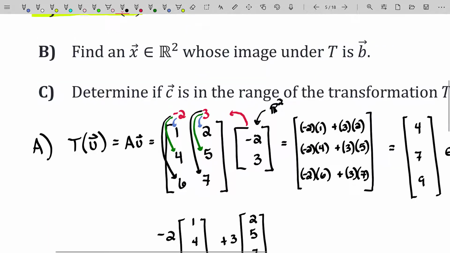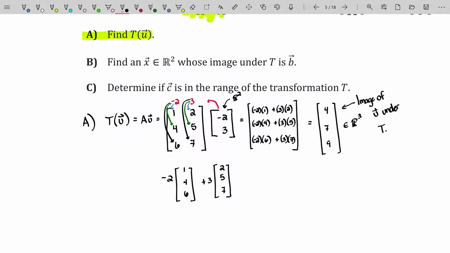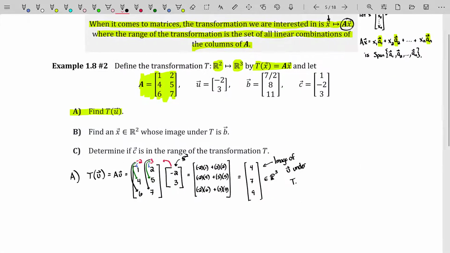We ended with a vector in R cubed. This would be the image of u under the transformation T, or most of us would just say it's the image of u, because technically we are already all working with the transformation T, and so there's no point in saying under the transformation T. So I hope that's pretty understandable. I'll cross this off right here, and now we're going to go into part B.